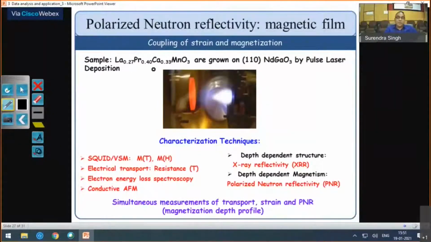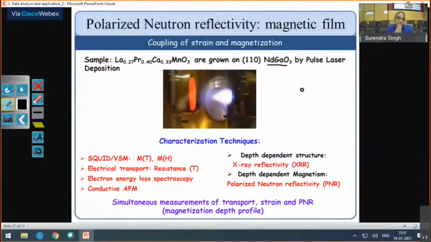So what we did in this particular system is we took one sample of composition La27, Pr40, calcium 33, MnO3, and these are thin films grown on the NGO substrate by pulsed laser deposition. If you are doing thin films, you may know the principle of pulsed laser deposition. It is nothing but laser pulses falling on the target, which removes that material and deposits it on your substrate.